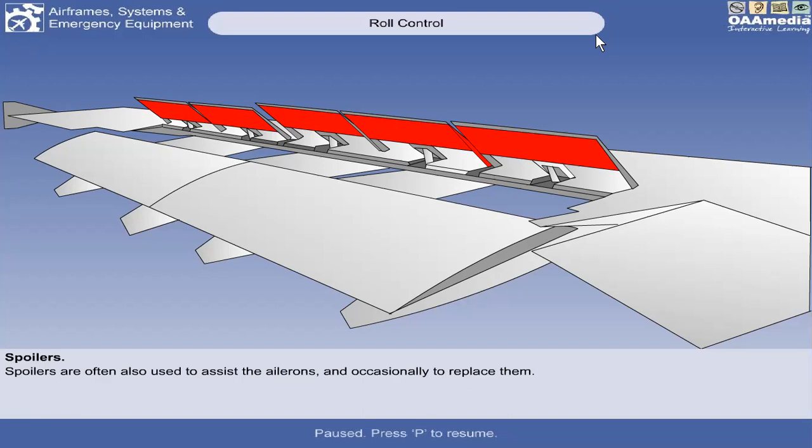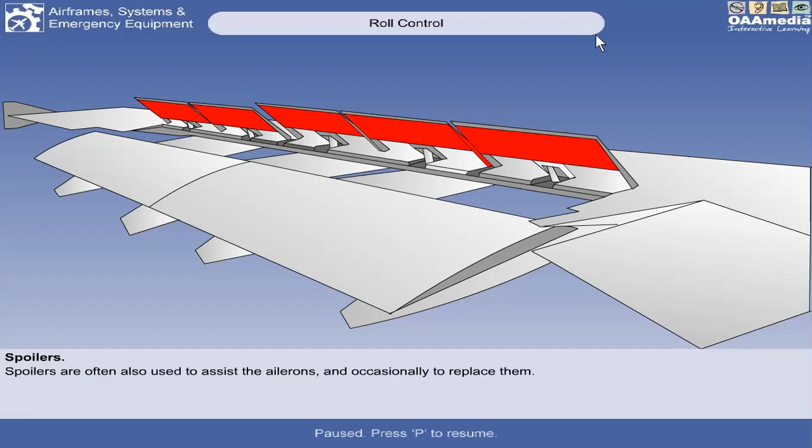So, umaangat siya to disrupt the airflow doon sa pakpak. Therefore, increasing the drag and reducing the lift. So, that's the function ng spoilers. Sa ailerons kasi, depending on the deflection, pwedeng ini-increase niya yung aerodynamic forces, pwedeng binababaan niya yung aerodynamic forces.